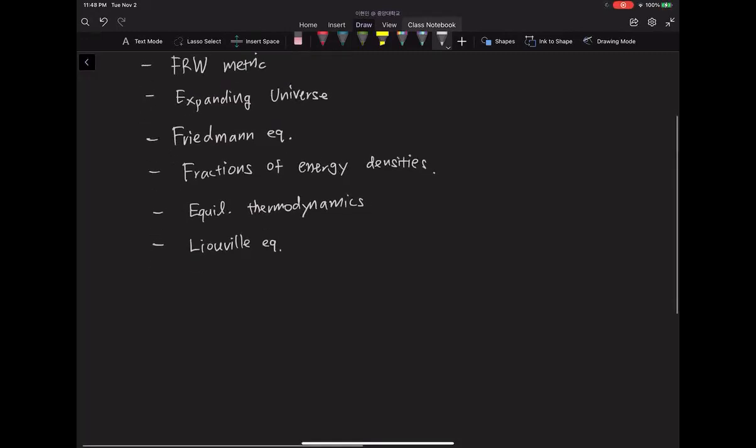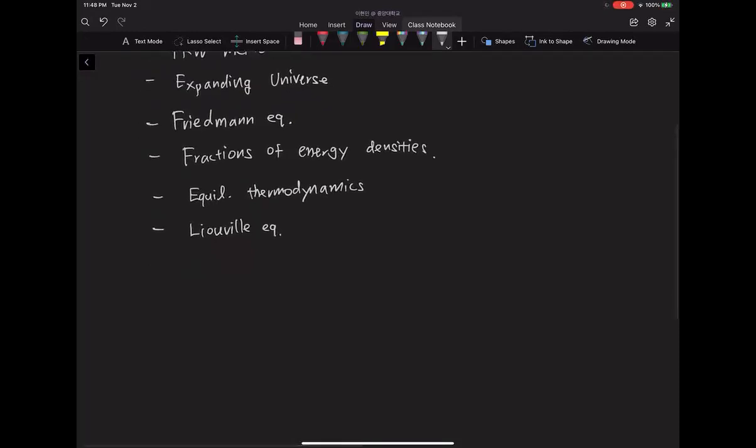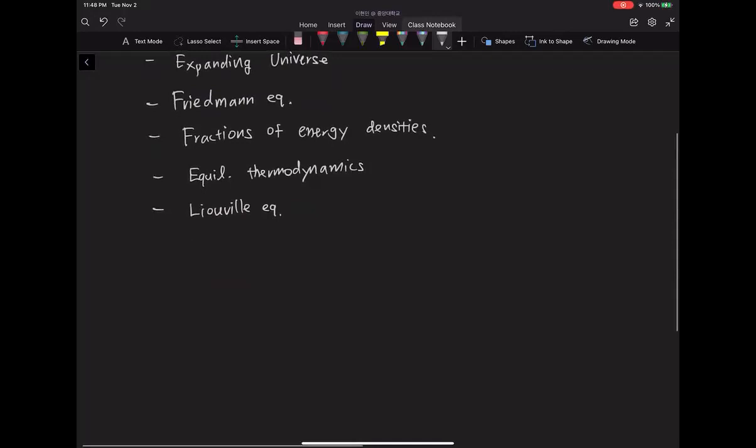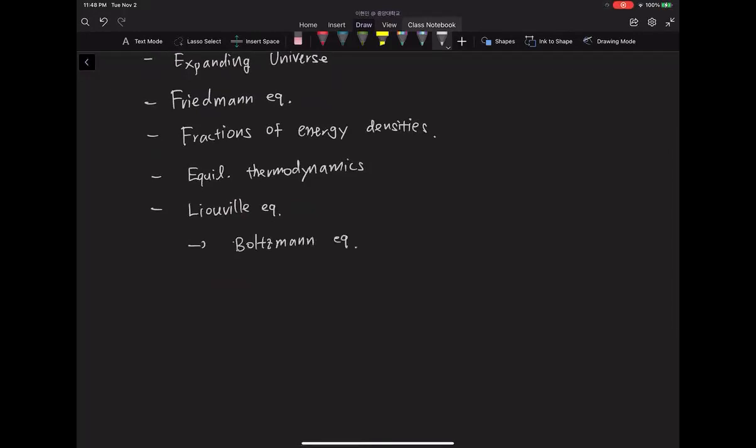So the Liouville equation in the expanding universe will be the right one to describe the density and the pressure of dark matter, etc. And from the Liouville equation, we are going to discuss the Boltzmann equation for determining the dark matter number density.